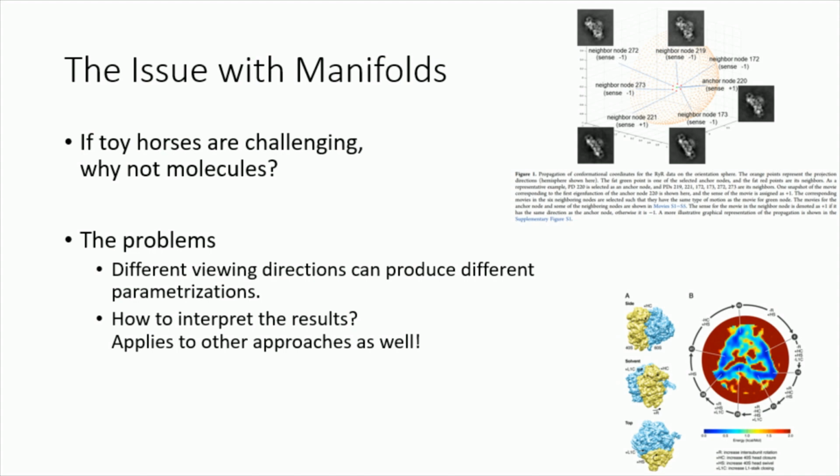One is that we have to take these manifolds in different directions, and as we've seen, they might not agree exactly with each other. So there's a lot of work that goes into the stitching, and in the recent versions of this, they do a lot of work on how to stitch in the best way. But there's another problem that influences all the other algorithms that we'll see as well.